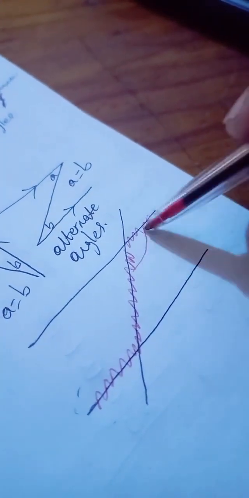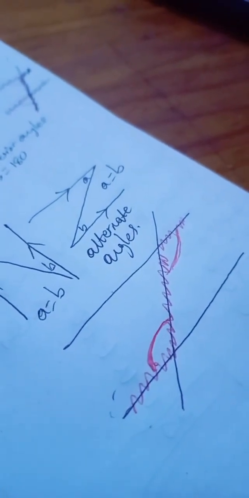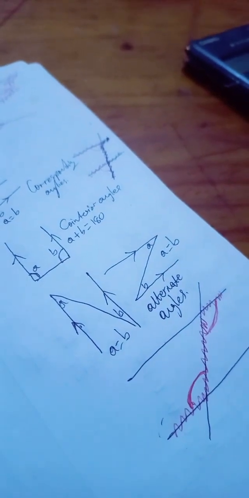So we have this angle and this angle. It's not a proper n or a proper z, but it has similarities of an n and a z, right? So now we have our three fun corresponding, co-interior, alternate angles. Let's come here and attack the question.